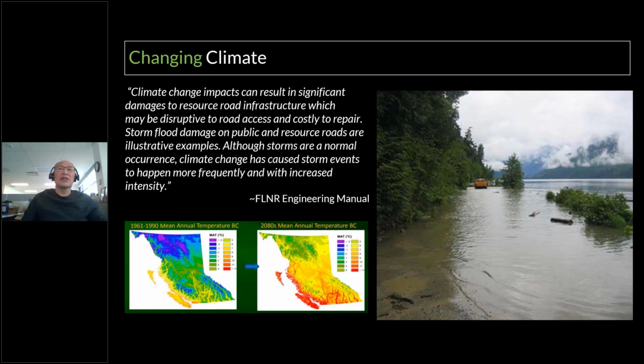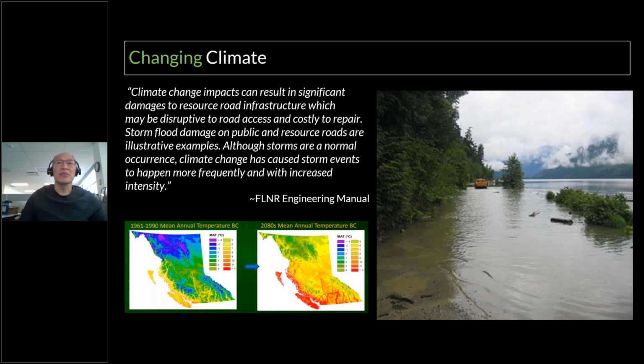So likely similar to other jurisdictions, we anticipate and we've observed increased frequency and more extreme events. A great example happened in British Columbia in November, where we had a series of successive atmospheric rivers that resulted in storms which severely impacted the public highway and resource road networks across the southern half of the province.